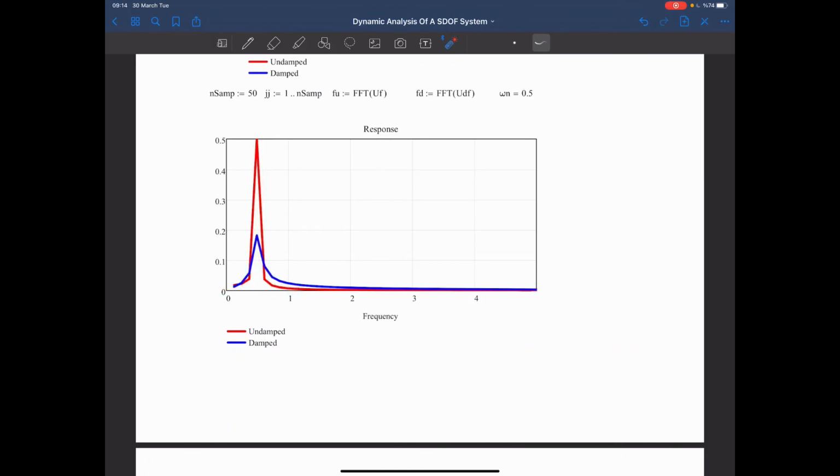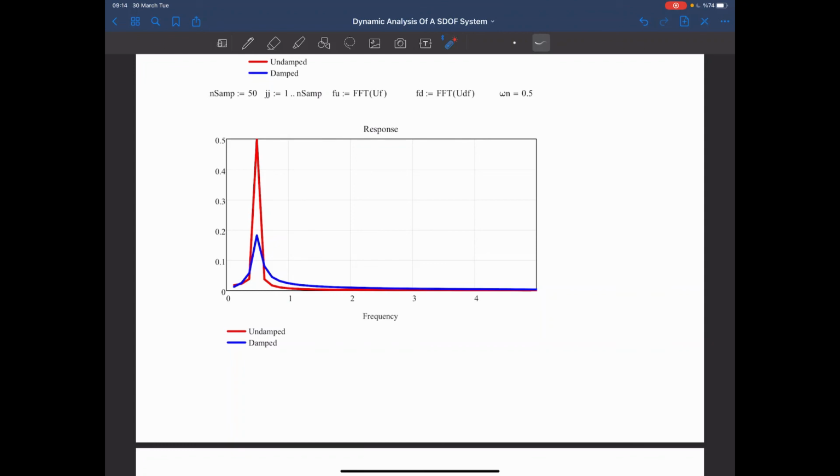But when you have damping in the system, the peak becomes wider and it covers a larger frequency interval. So when we have damping in the system, we expect to see a curve like this. If you don't have damping in the system, it's a very sharp peak. Okay, so that's what we see in the frequency domain for a single degree of freedom system.